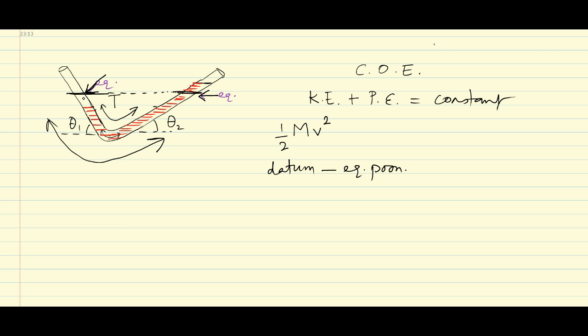Now effectively what has happened is, when the liquid has moved towards the right hand side branch, this volume of liquid has actually got transferred over here. So that's the only effective change that has happened during this motion, and we can use this to find the change in the potential energy.